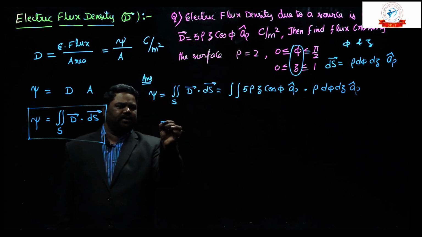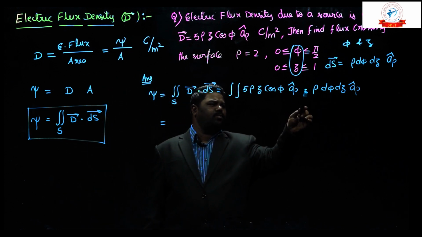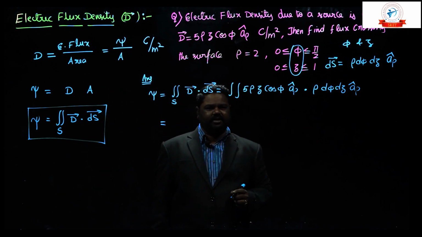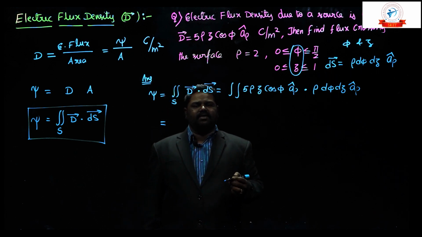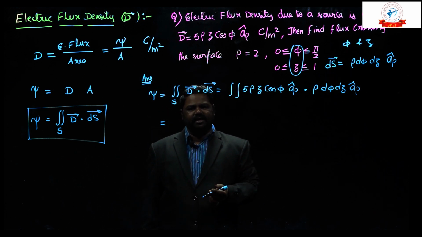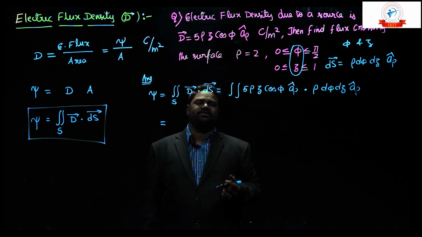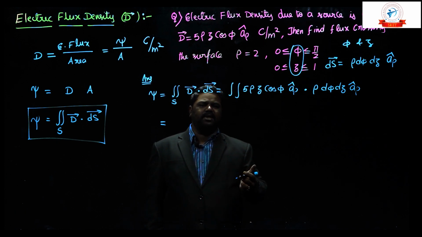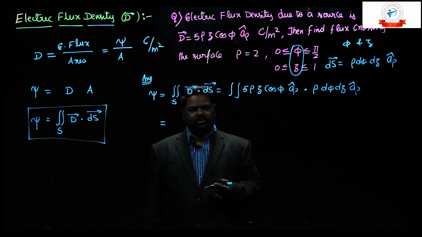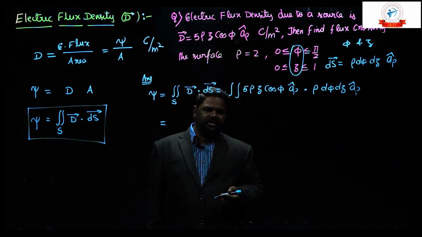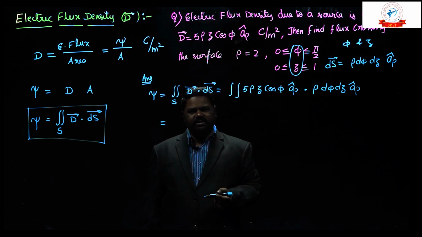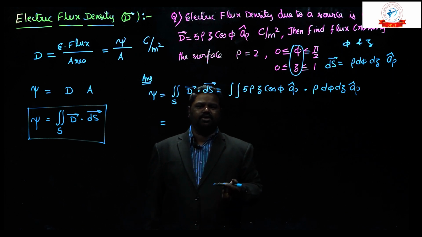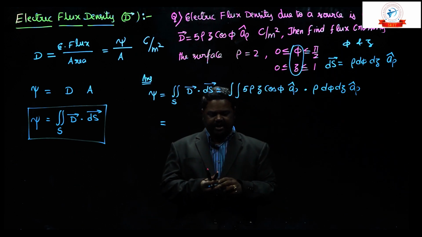Now we need to evaluate the dot product between these two vectors. How do we evaluate the dot product? If vectors are given in Cartesian, then we multiply x components plus multiply y components plus multiply z components. If vectors are given in cylindrical, then multiply rho components plus multiply phi components plus multiply z components in both vectors. Here the vectors are given in cylindrical.